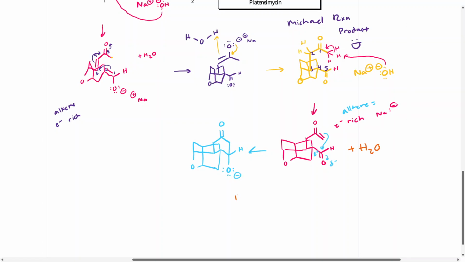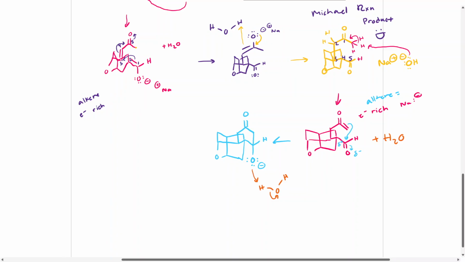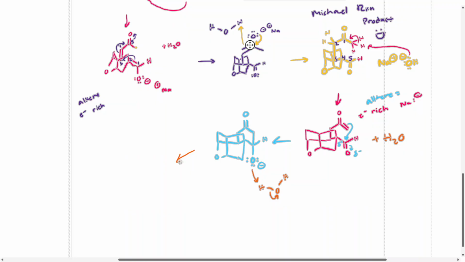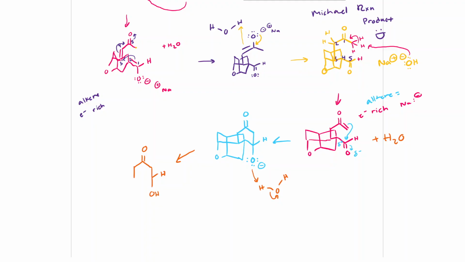So that water is going to come back around and get deprotonated, which reforms our sodium hydroxide. So what that results in is this. I have to redraw the whole molecule again, just because I added one hydrogen to the thing.